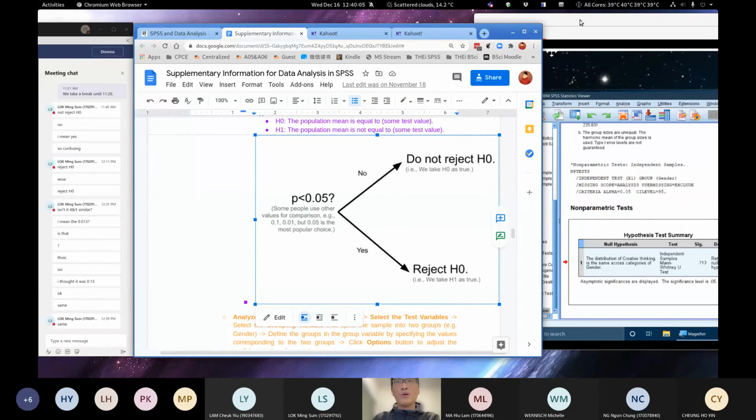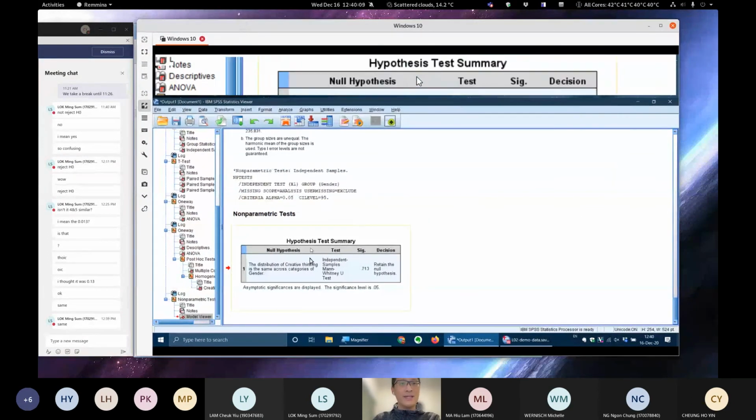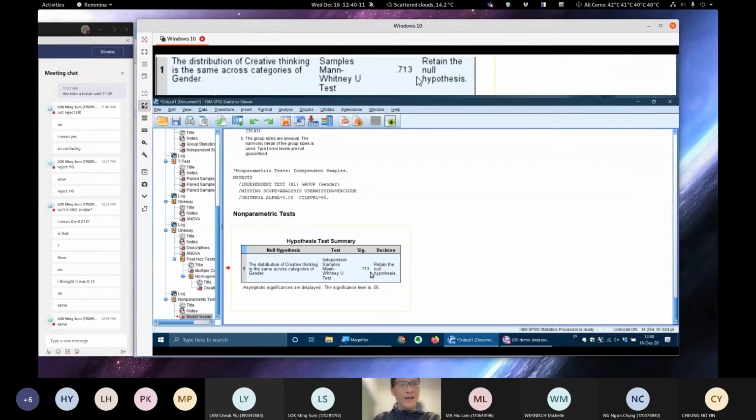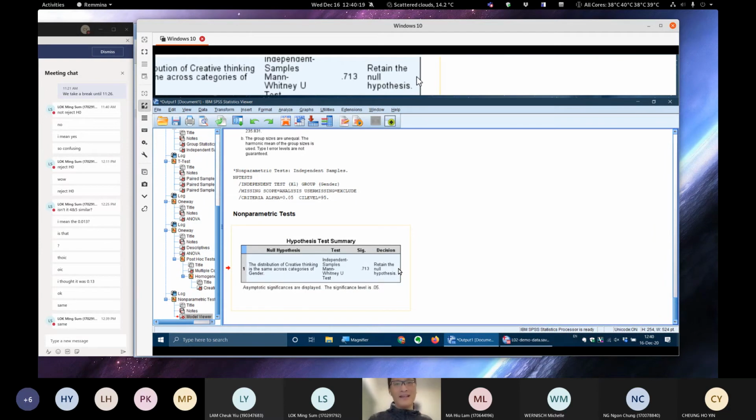But what is good about the non-parametric test procedure in SPSS is that you don't even have to think about that because it already tells you the decision. The decision is to retain. Retain means you do not reject the null hypothesis. So it already tells you everything.